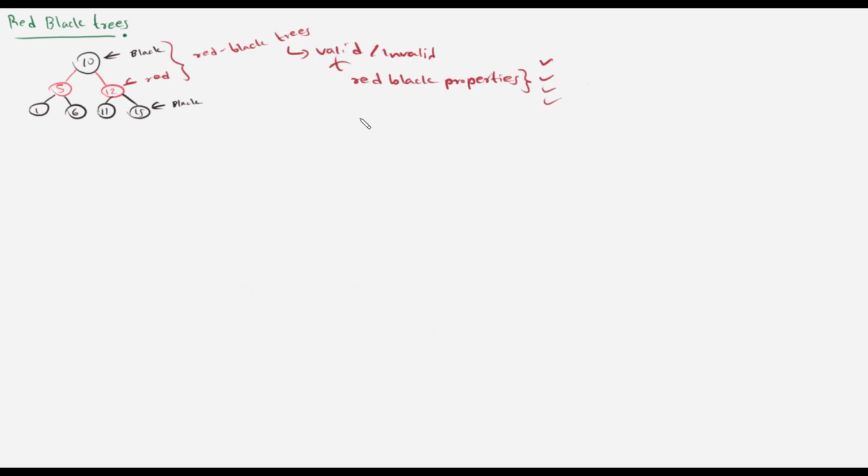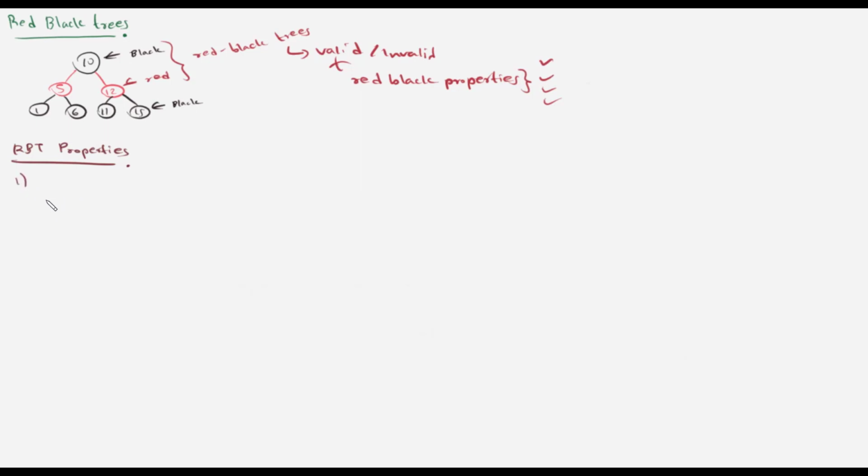Otherwise, you are making a red black tree, it's okay, but it's invalid. So what are the red black tree properties? RB tree, which stands for red black tree, properties. First I will write the properties, then I will explain. So it will be easier for me and easier for you to understand.